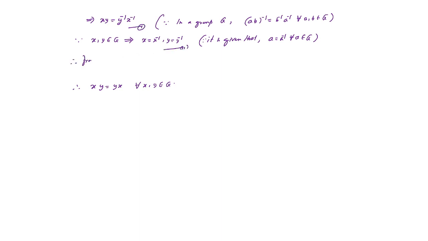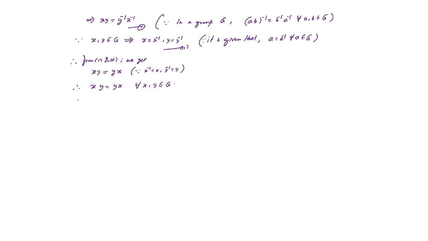Therefore, from 1 and 2, we get xy equals y inverse x inverse, which is yx, since x inverse equals x and y inverse equals y.